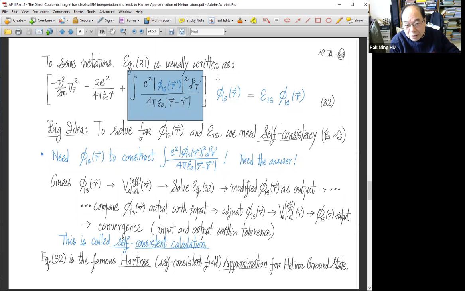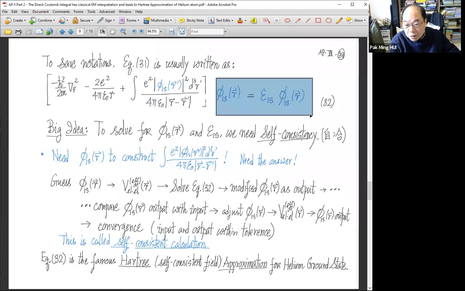You construct this Schrödinger-like equation, you solve for the phi1s again. So you have an input for this, you have an output for the same function. You compare the input to the output. If they are very different, then your guess is very wrong.